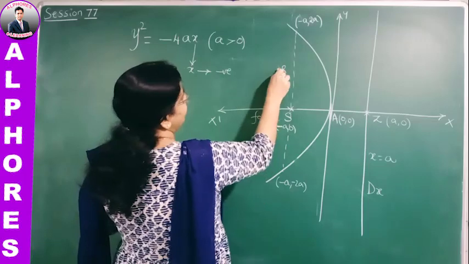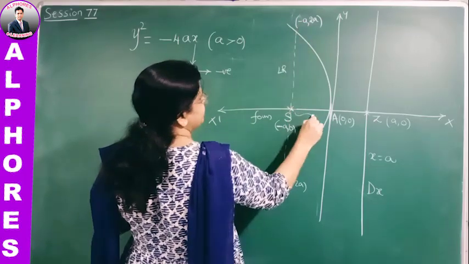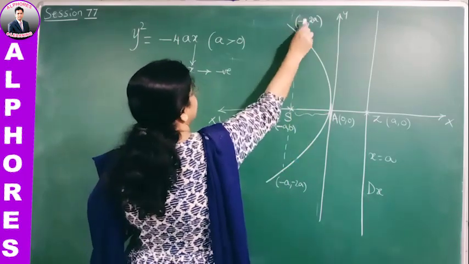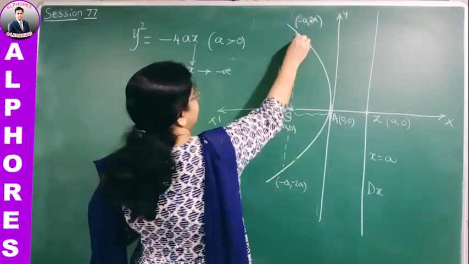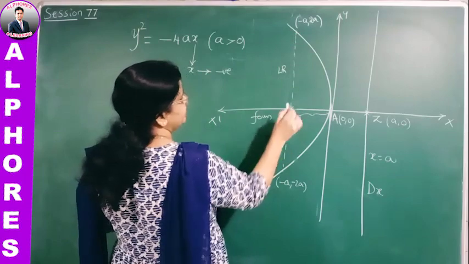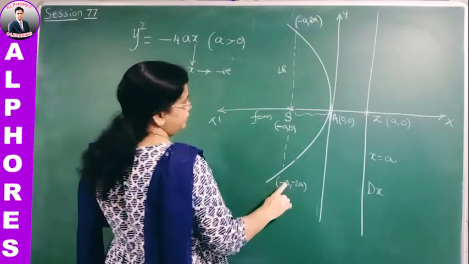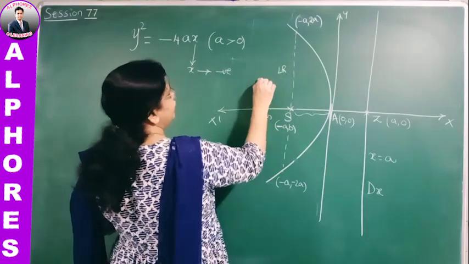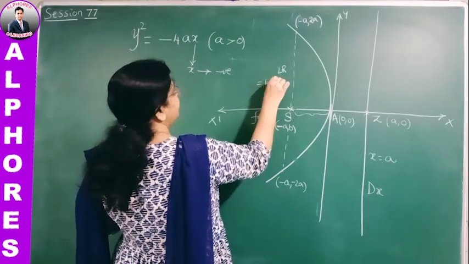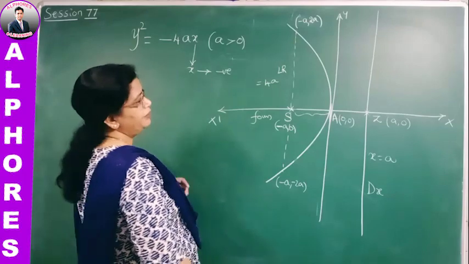And next one, latus rectum. Here this distance is minus a, therefore it is minus a, and 2a plus or minus we can write. And therefore ends of latus rectum are nothing but how much here? It is minus a comma 2a, minus a comma minus 2a. Of course length is nothing but how much here? It is 4a. Okay, length of latus rectum is 4a as it is.